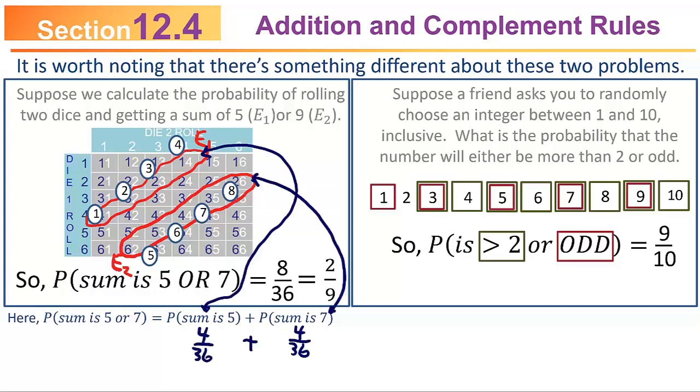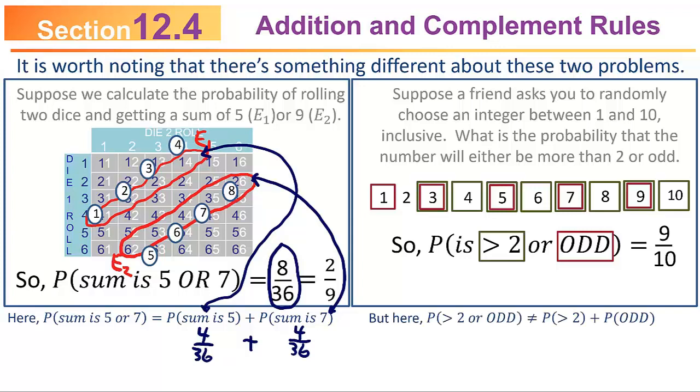In other words, there were 4 events that gave me a sum of 5. So the probability of getting a sum of 5 is 4/36, but there are also 4 that gave me a sum of 8. So the probability of getting a sum of 8 is also 4/36, and 4/36 plus 4/36 is 8/36.